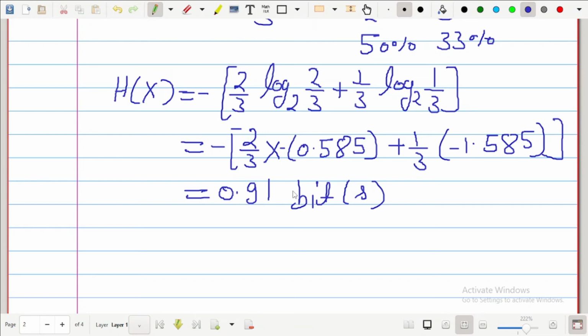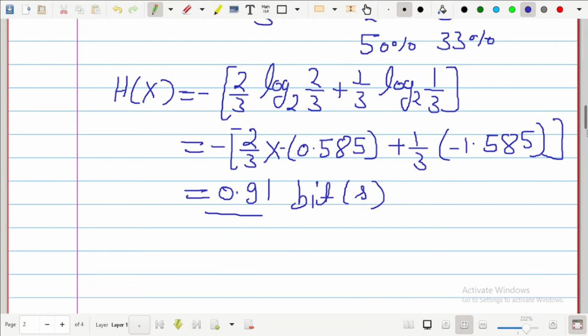So uncertainty is decreased and certainty is increased. You can see that from 1 it has become 0.91.